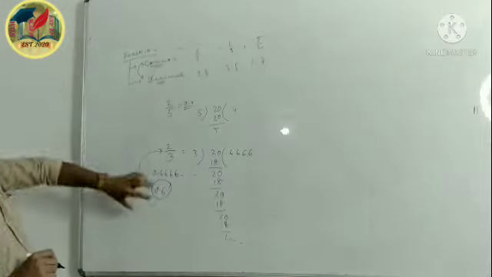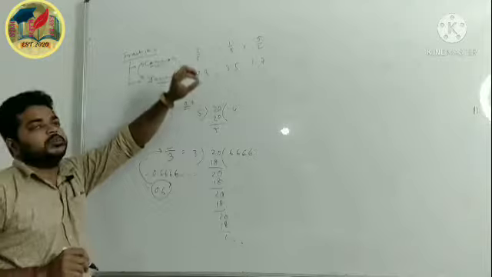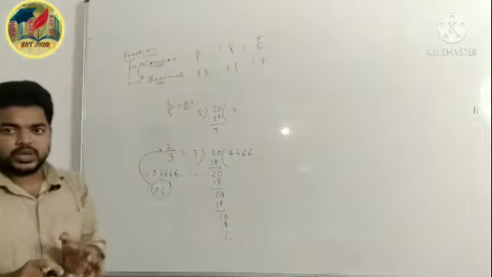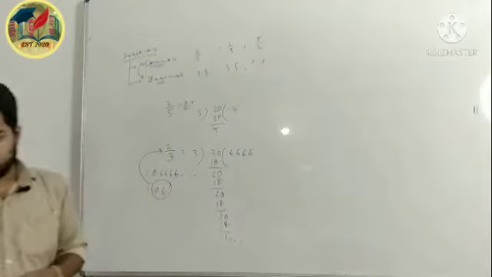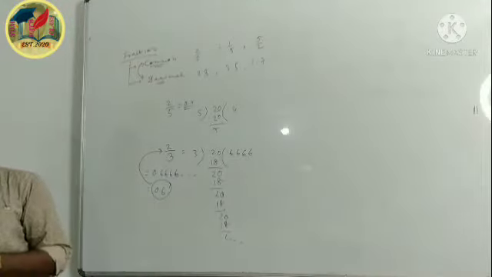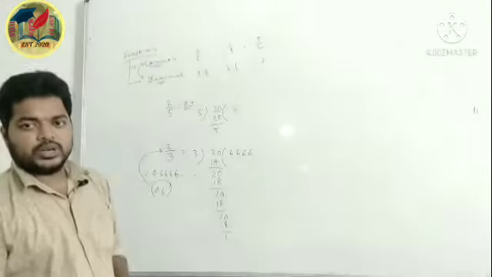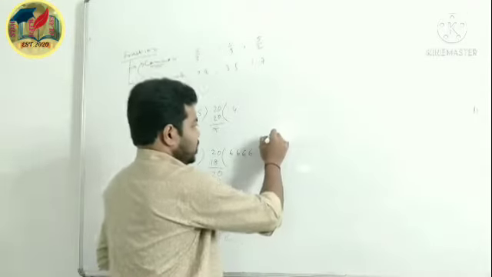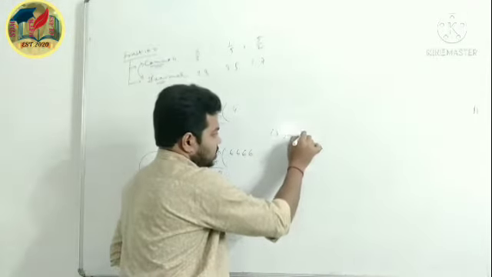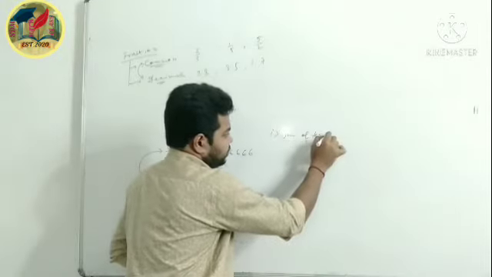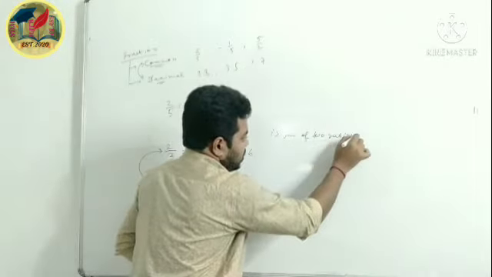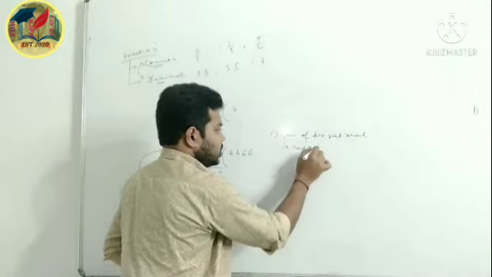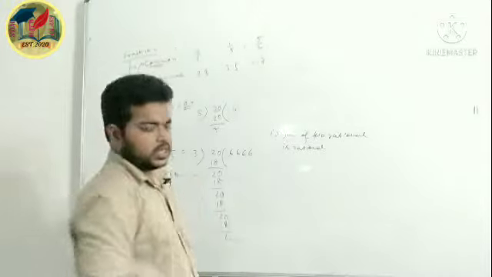So all these numbers, recurring decimals, terminating decimals, fractions, integers, are rational numbers. Now we know the properties of rational numbers. What are the properties of rational numbers? Number one, the sum of two rational numbers is a rational number.